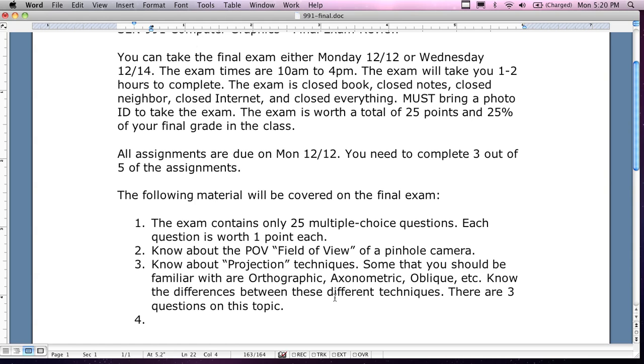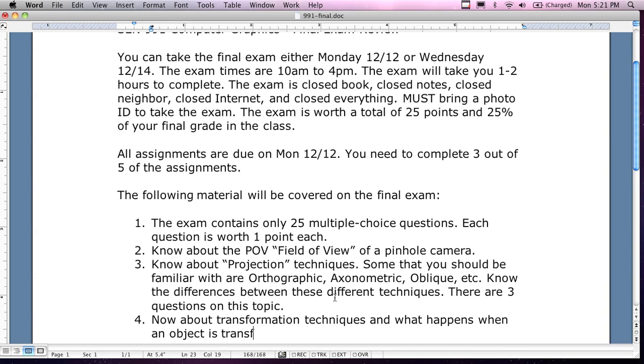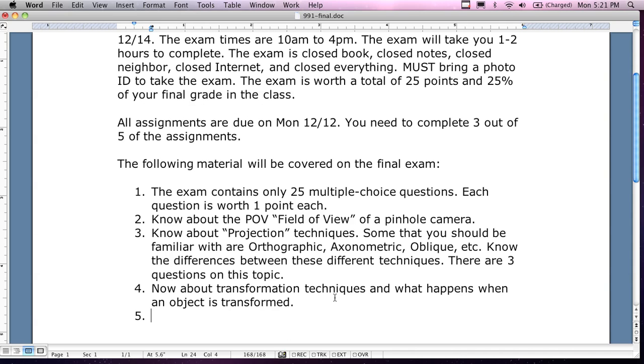So know about transformation techniques, and what happens when an object is transformed. Basically, adjusting the positioning of the image object within the XYZ plane, transforming it from one position to another, is what that's referring to. There is just one question on that.